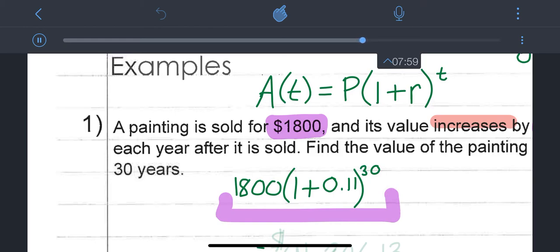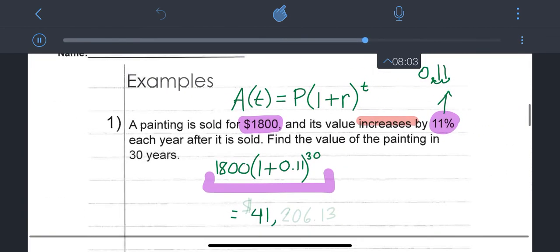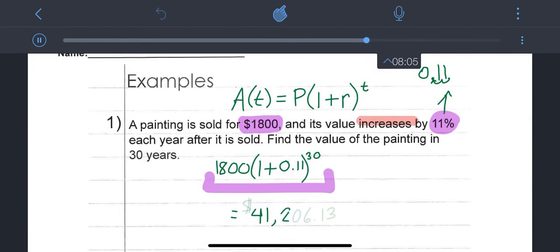When you do that, you are going to get 41,206. And then since we're talking about money, the value of the painting, I'm going to round to 2 decimal places, to the 100th place. So this is $41,206.13. That's what the painting is worth after 30 years.